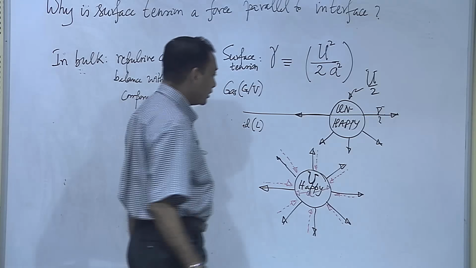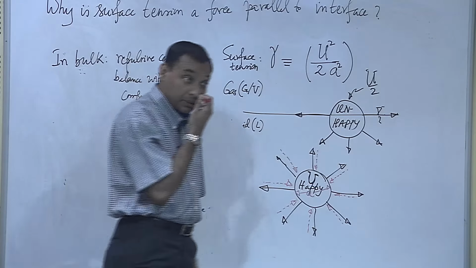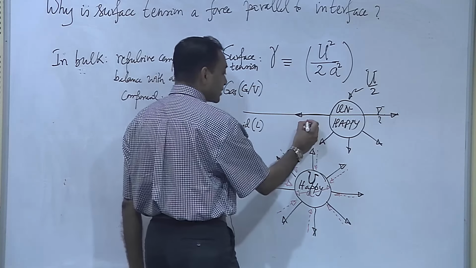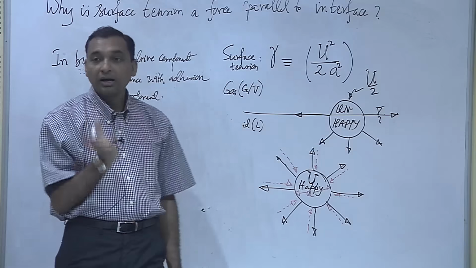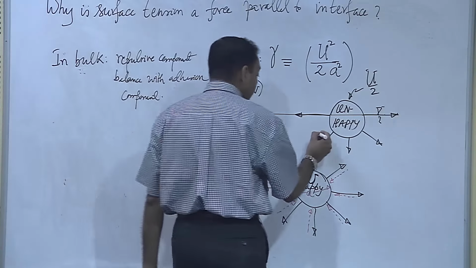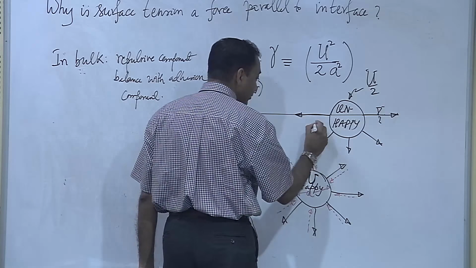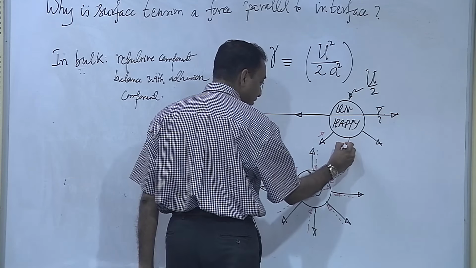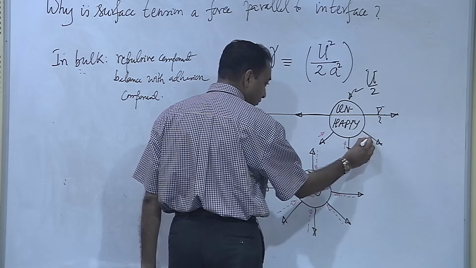But if you look at the other case, if this has to have a perfect balance, then it doesn't say that this repulsive component close to the interface needs to be balanced out.